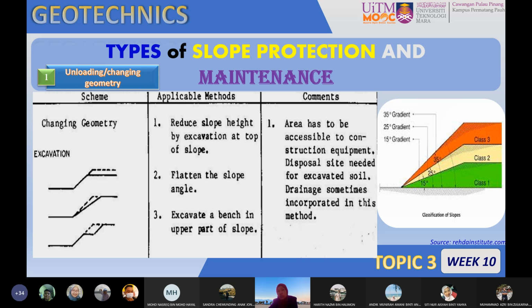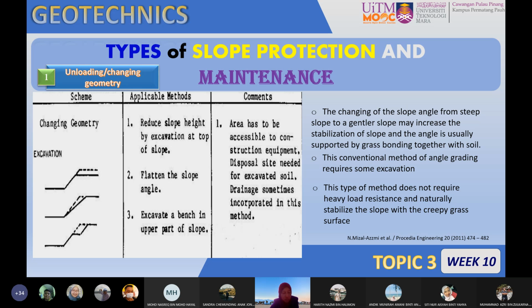Okay, this is one example where we have case 1, case 2, case 3 with recommendations on the angle to be carried out. And the next one is slope protection and maintenance using unloading and changing the geometry. What's the best thing about this method is that when you change the slope angle from steep slope to gentle slope, it may increase the stabilization of the slope, and the angle is usually supported by grass bonding together with the soil.